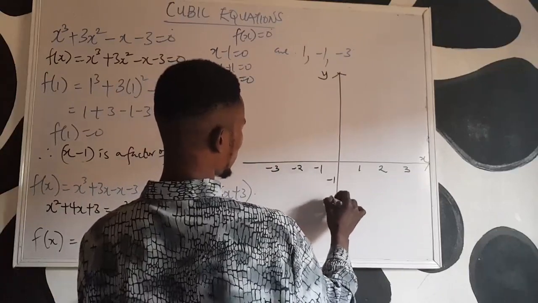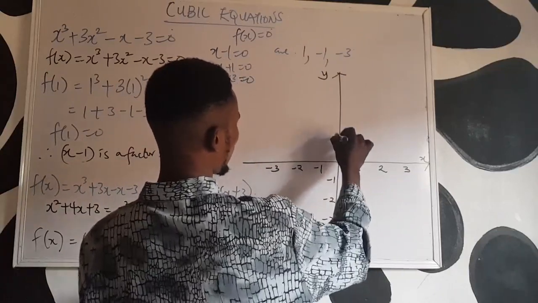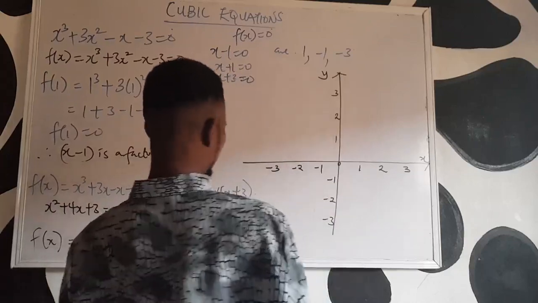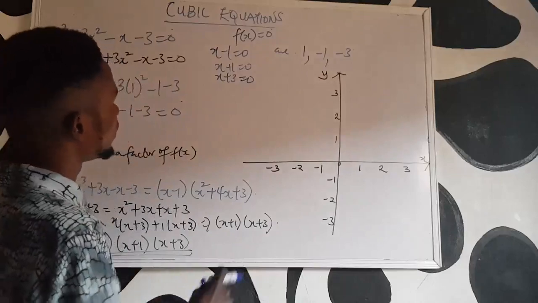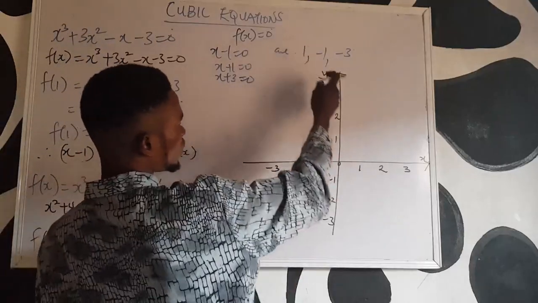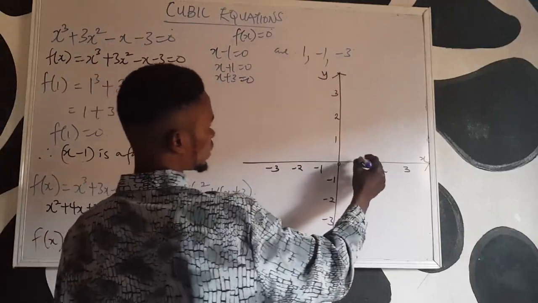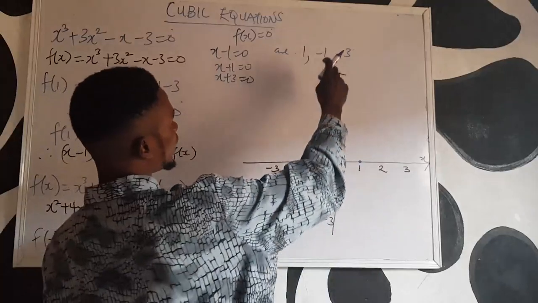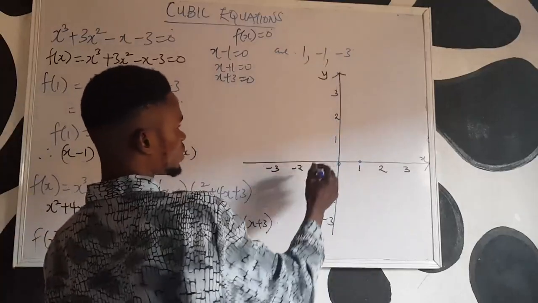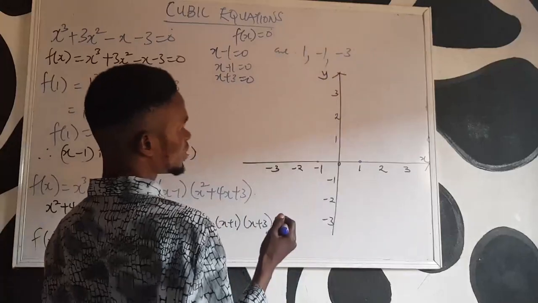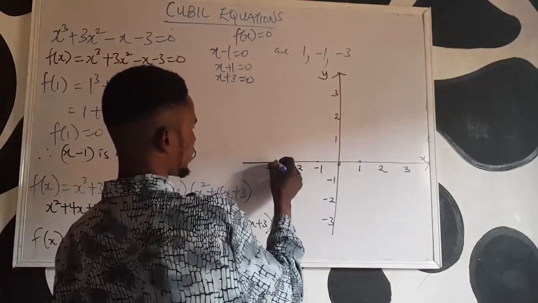And this is the origin. So x is 1 here, and surely y is what? 0. x is 1, y is 0 here. And x is minus 1, y is 0 here. And x is what? Minus 3. y is 0 here.